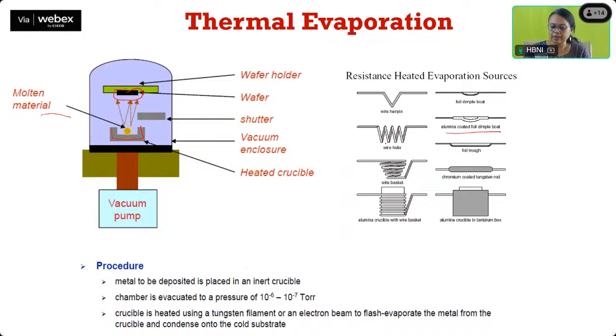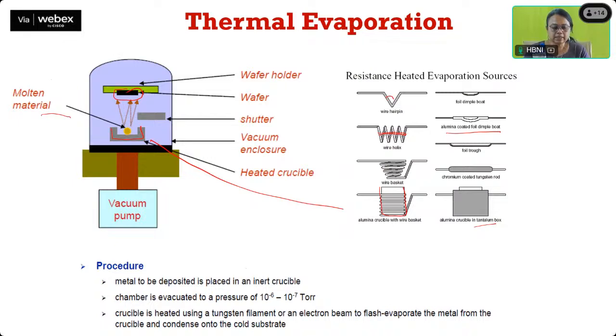We put this material here, or we can put a wire of the material which we want to evaporate inside a wire helix, or we put an alumina crucible and then heat it, in a tantalum box. And then we have a vacuum enclosure.